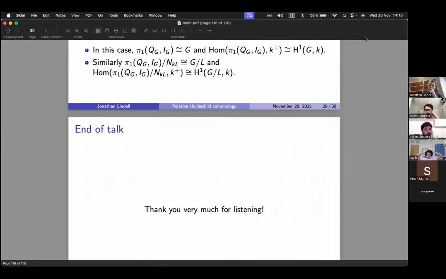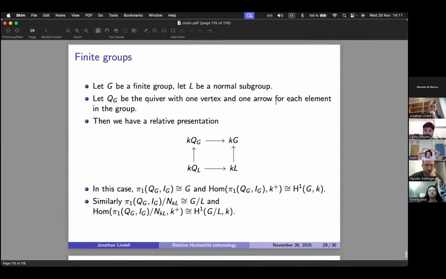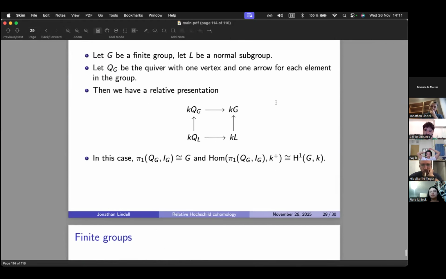I think I have one or two questions. A long time ago, I looked a little bit at those H1, etc., and every time the first Hochschild cohomology group has a subgroup that is generated by the derivations that are diagonal, diagonalizable. Yes, the diagonal derivations.